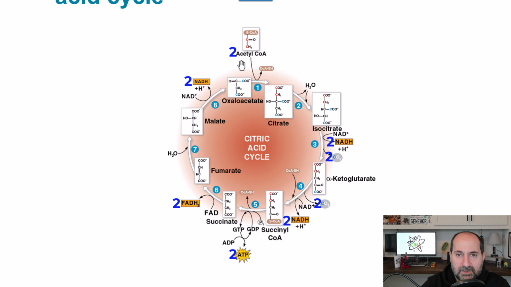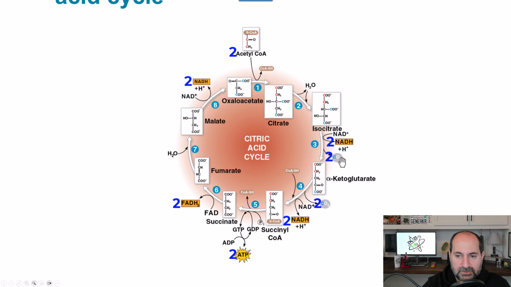Okay, now 2 acetyl-CoA enter the cycle, a total of 1, 2, 3. So 3 times 2, 6 NADH are formed. Here's 1 FADH2, so times 2 would be 2 FADH2 are formed. Here's an ATP that's formed, so let's times that by 2. 2 ATP are formed. And remember, this ATP was also formed by substrate level phosphorylation.